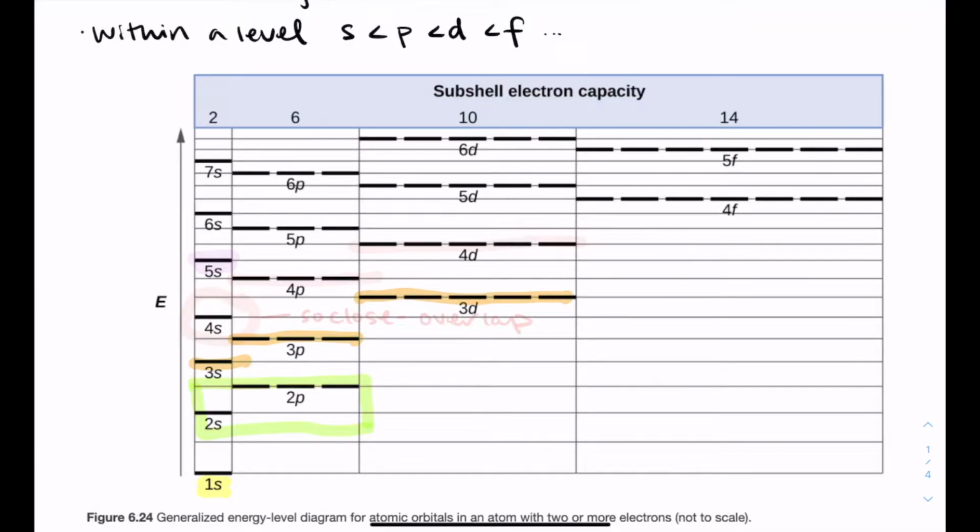We're going to have some straightforward ways to cope with this fact, but I've got my 3s, 3p, 3d in their nice energy order, but my 4s is still higher than some of the n equals 3 levels, but my 4s has a lower energy than my 3d set of orbitals. 4p is higher than 3d.